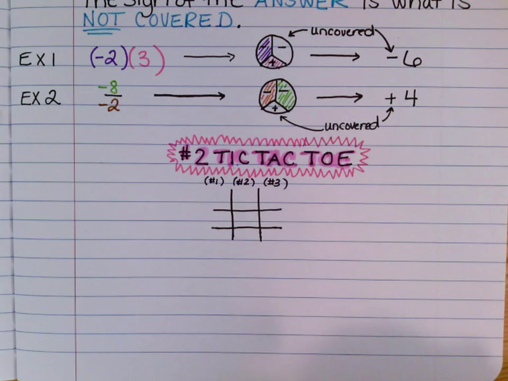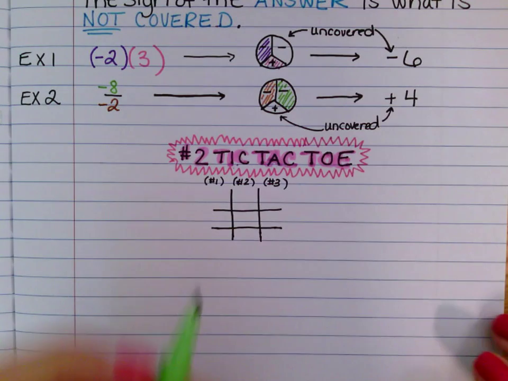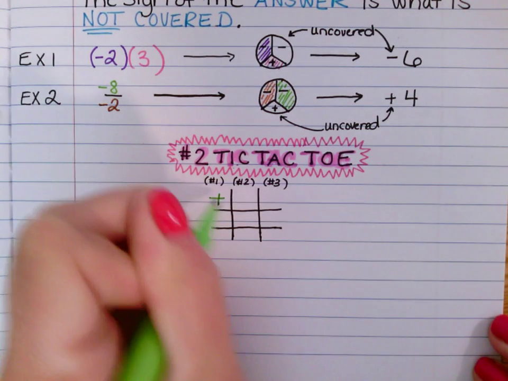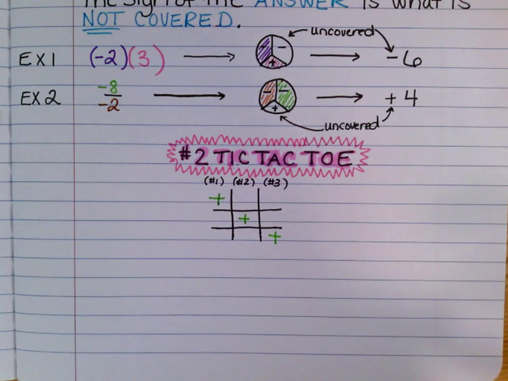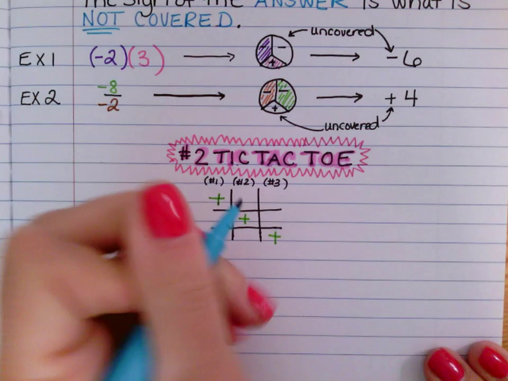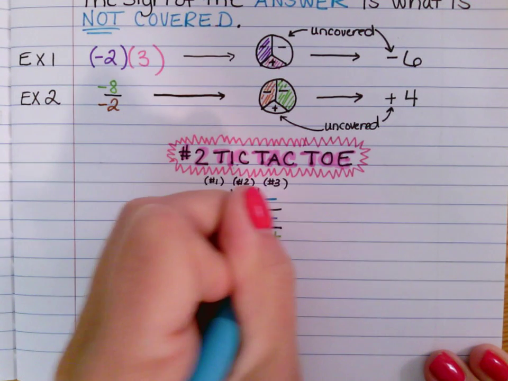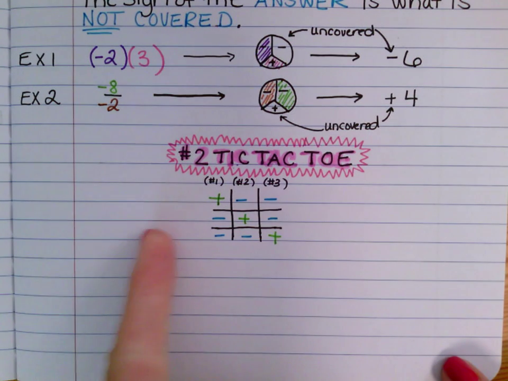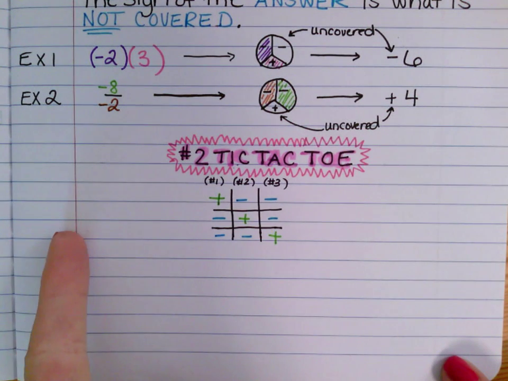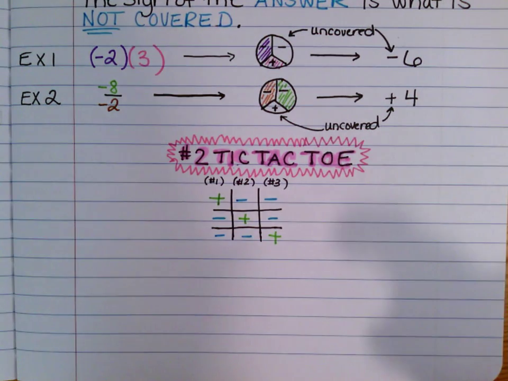Okay, so to set up the tic-tac-toe board, and if you could use 2 colors for this, that would be great, you want to make one of the diagonals, and it really doesn't matter which one, all plus signs. And then everywhere else gets a minus sign. I'm going to write those notes here on the left: positive signs on one diagonal and negative signs in the remaining spaces.